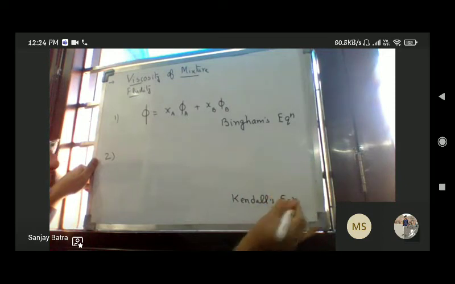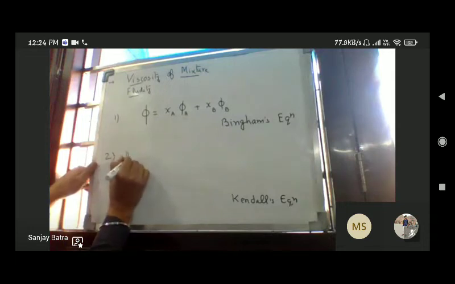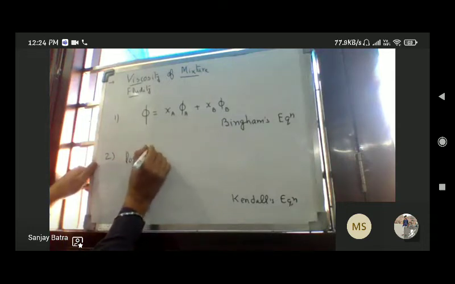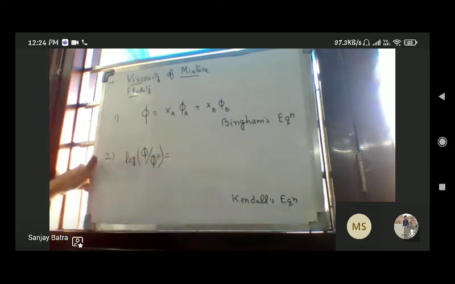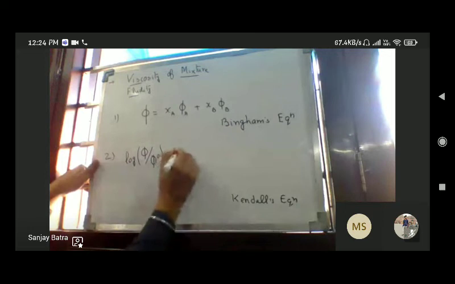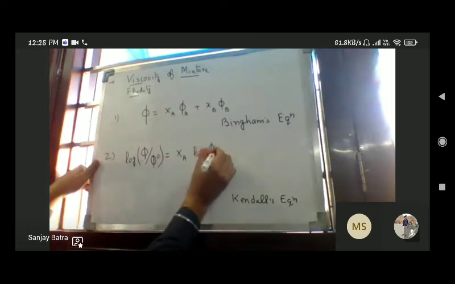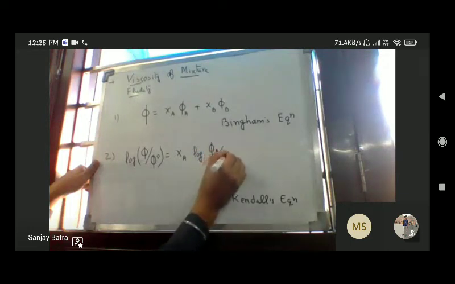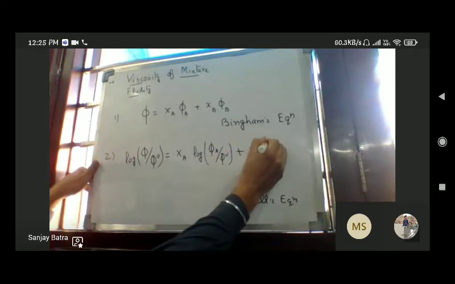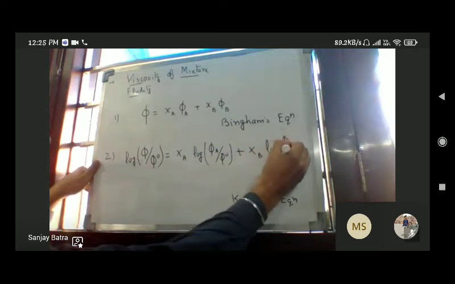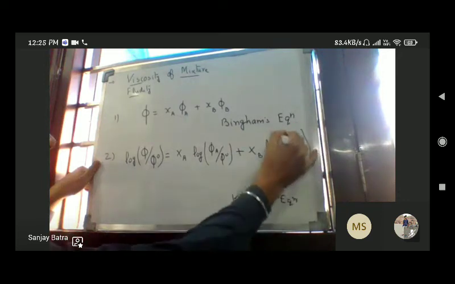According to this equation, log phi upon phi naught equals XA into log phi A upon phi naught plus XB log of phi B upon phi B naught.